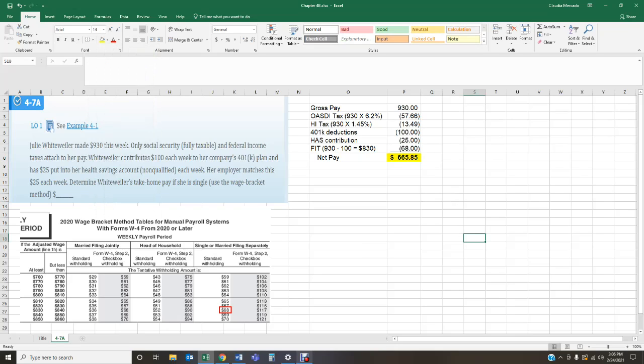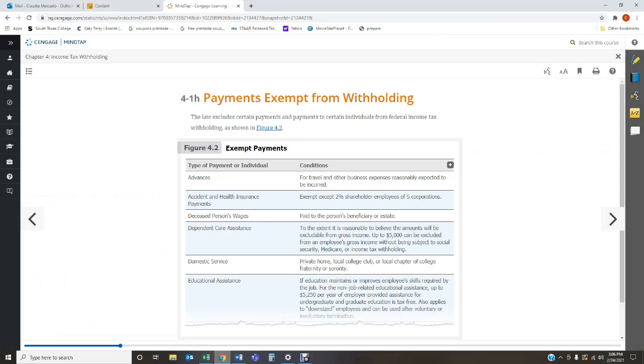Okay. So you always start with your gross pay. You do your different calculations, deductions. For federal income tax, make sure that you review that table. Exempt payments. These payments are exempt from withholding for federal income tax purposes, okay? So make sure that you carefully read all of the different items that are exempt from federal income tax purposes, okay?